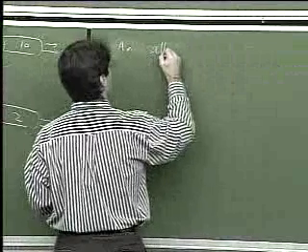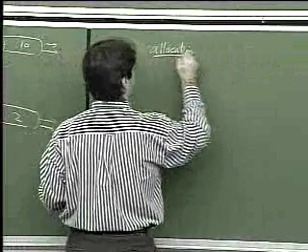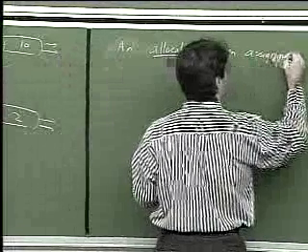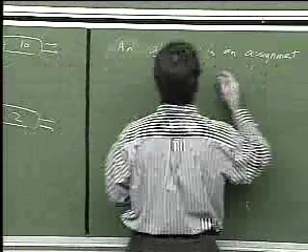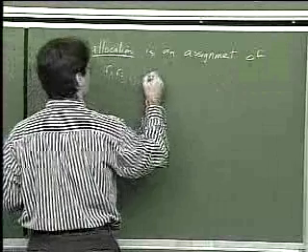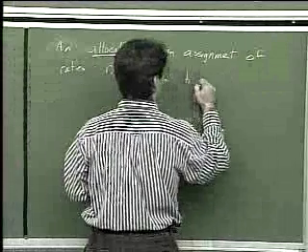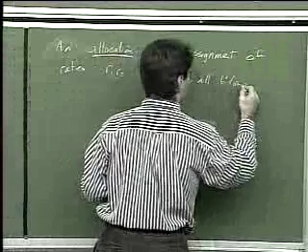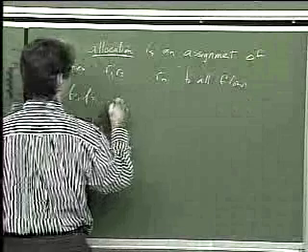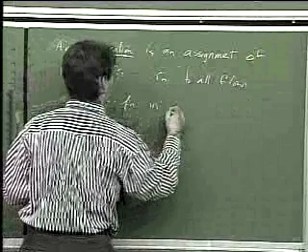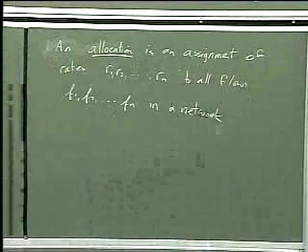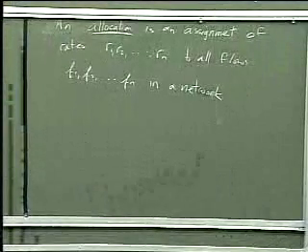An allocation is an assignment of rates R1, R2, ..., Rn to all flows F1, F2, ..., Fn in a network.